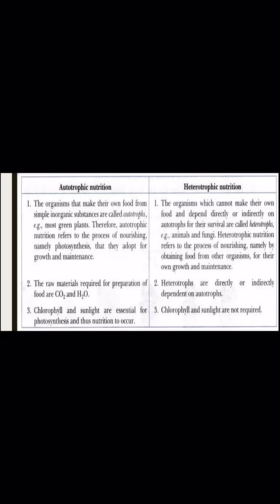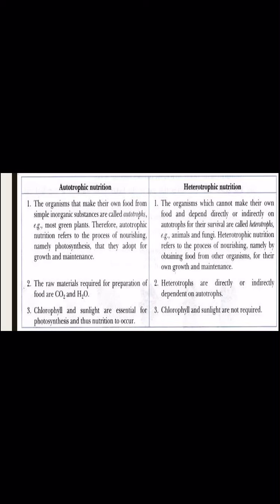So all the organisms which are directly or indirectly dependent on the autotrophs are termed heterotrophs, and they do not perform any kind of photosynthetic process. Autotrophs use CO2 and water for preparing food, and heterotrophs are directly or indirectly dependent on the autotrophs. If there were no grass, no plants, then the deer could not survive. If the deer could not survive, the lion could not survive. So the lion is also indirectly dependent on the plant for its survival.